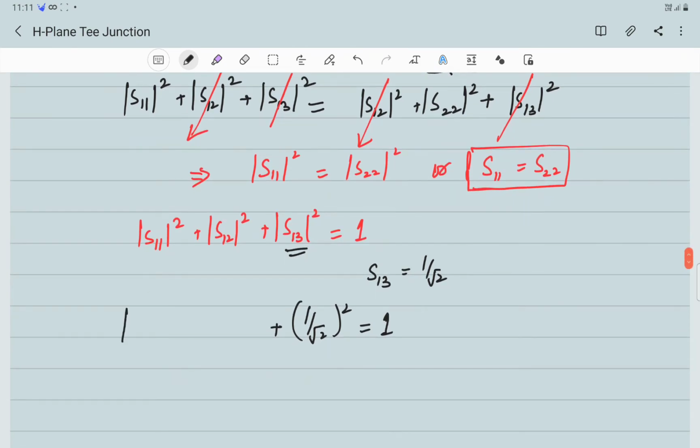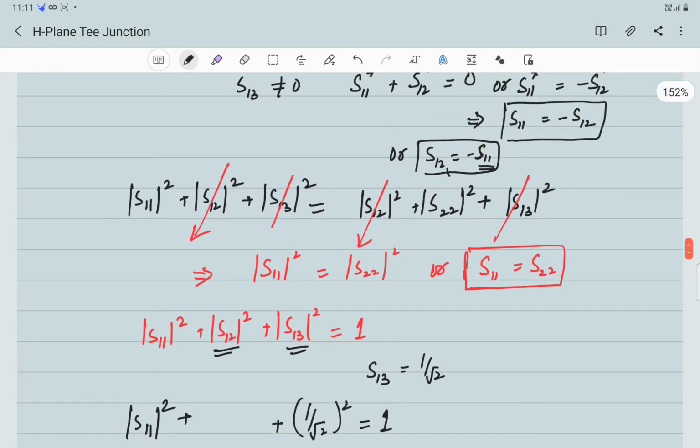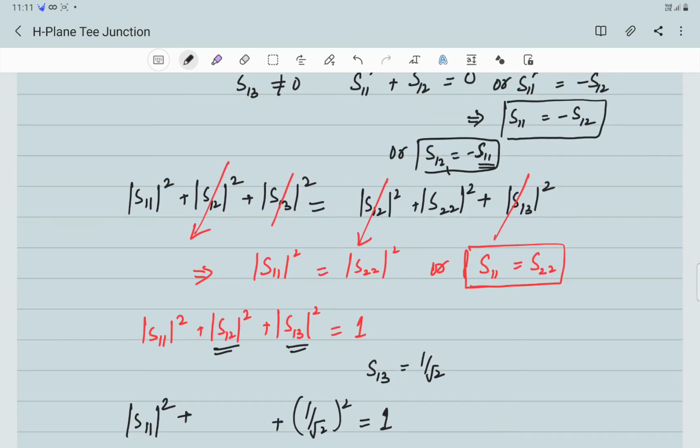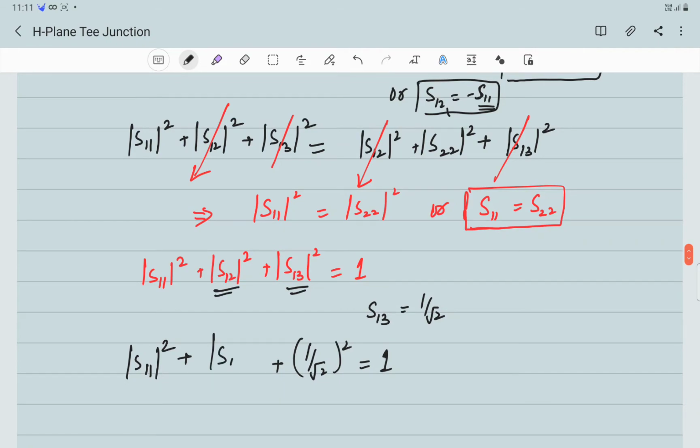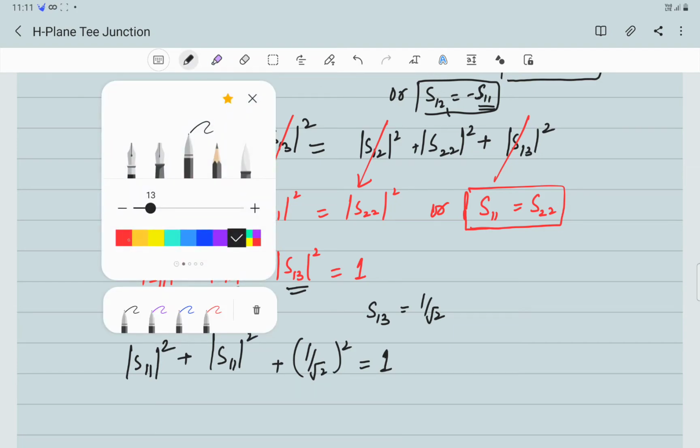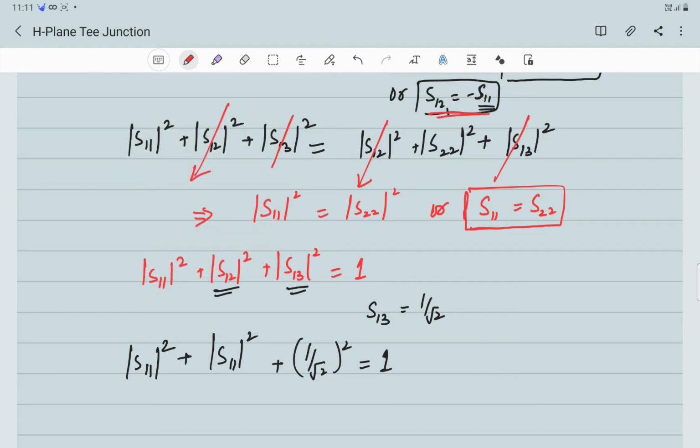So instead of S12 I can write S11. Minus and minus will become plus S11 square. This is from this equation, S12 is same as minus S11.